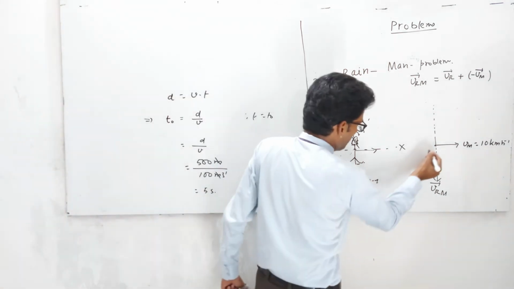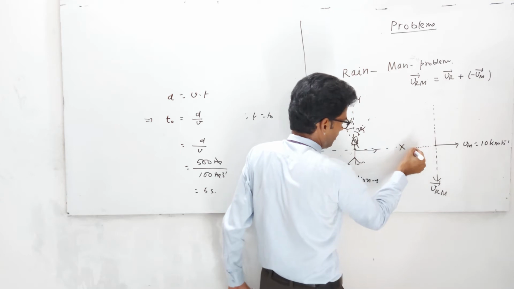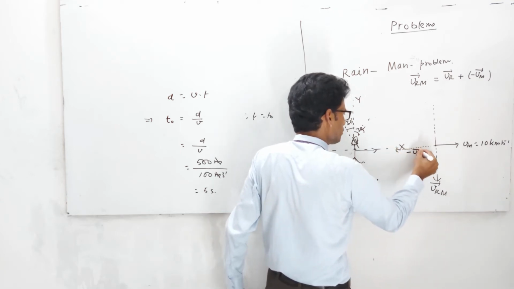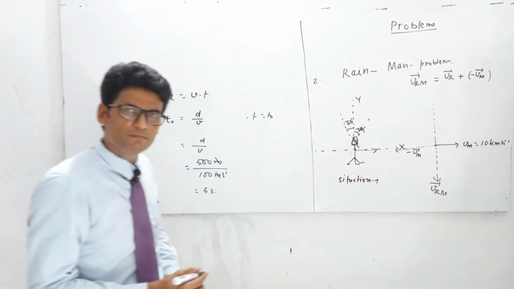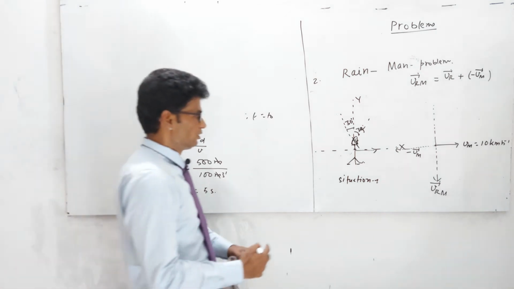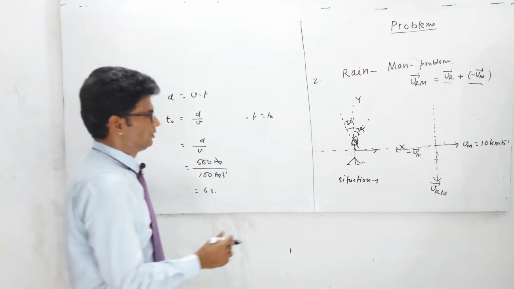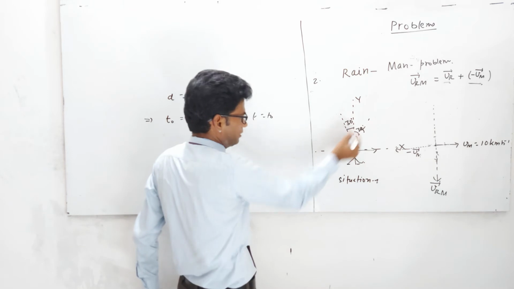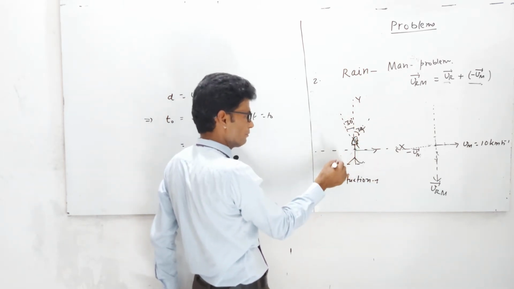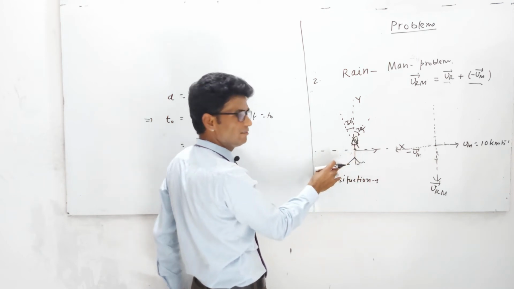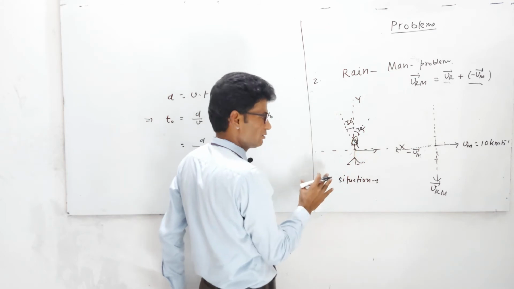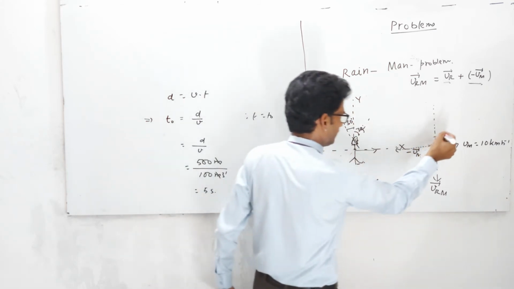So it is minus Vm, as we discussed in the last class. Multiplying with minus 1 alters the direction but the magnitude remains the same. This is the direction of the actual velocity of the rain, because the man was standing at t equal to 0. After that he starts running.